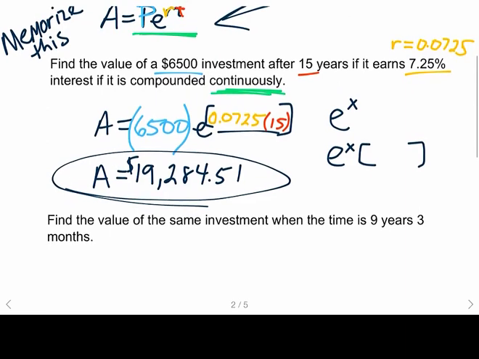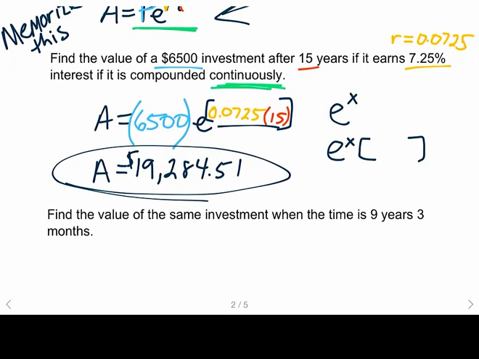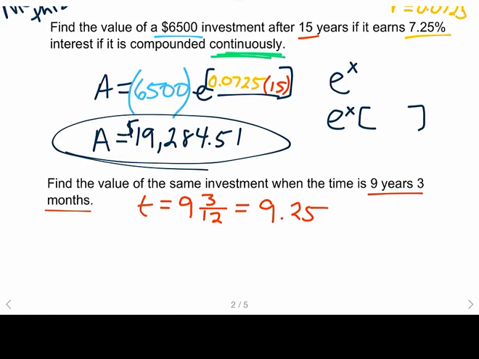Next, find the value of the same investment when the time is 9 years, 3 months. So now we're messing with the time. How do we do that? The time is going to be 9 and 3 out of 12 months, or 9 and a quarter, which I'm going to call 9.25. So now it's the same investment, and so it's the same $6,500. e is just featured in these continuous compounding problems.